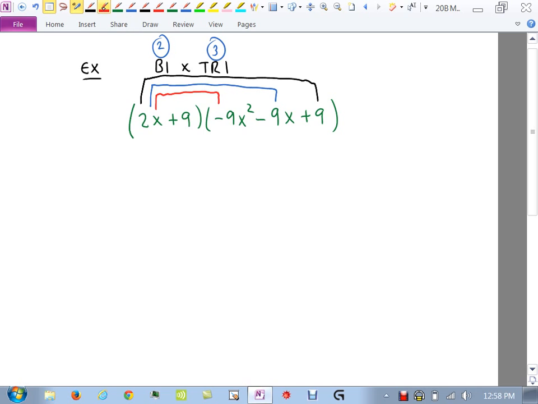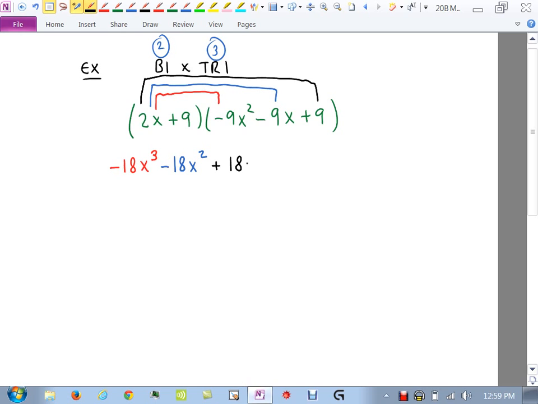So what's that first red one there? Negative 18x to the third, right? Y'all agree with that? What's the blue one? Minus 18x squared. And the black one?